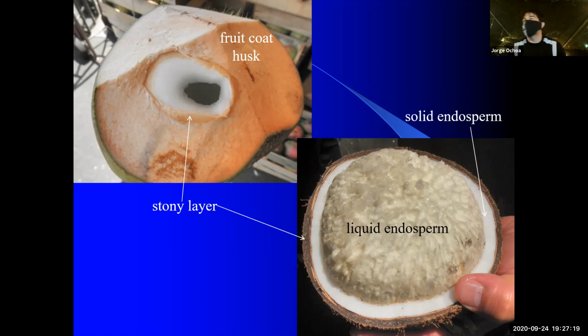And so that is going to be known as a liquid endosperm. When the baby coconut is ready to germinate, or when any seed is ready to germinate, they are going to release enzymes that are going to change the starch into sugar, and that is what's going to trigger or give the energy for the embryo to begin to grow and for the seed to germinate.